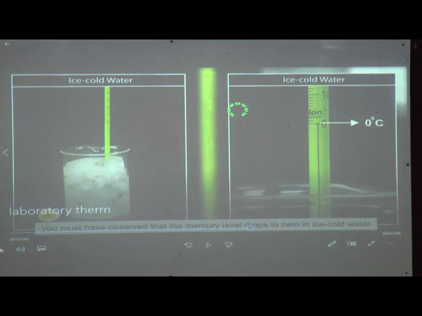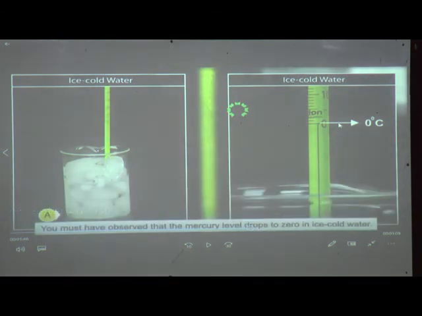While using this thermometer to measure the temperature of ice cold water, you saw which level the mercury is at: 0 degrees Celsius. So whenever you use this laboratory thermometer for measuring ice cold water, you will get 0 degrees Celsius.